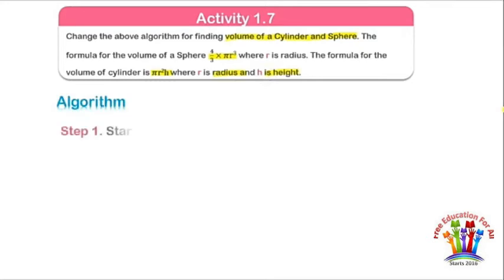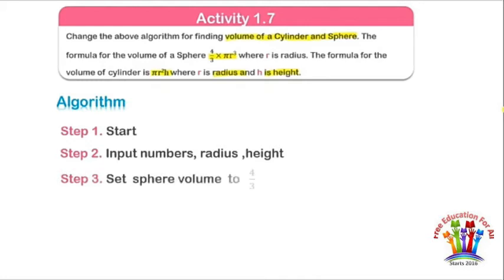First we will enter the numbers, start, input numbers radius and height, because we require only these two, radius and height. Then we will write the formula of sphere, 4 by 3, and there is a pi, the pi value is 22 by 7. When we divide that, the answer is 3.14, and there is the r cube.